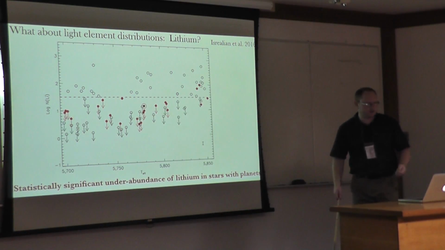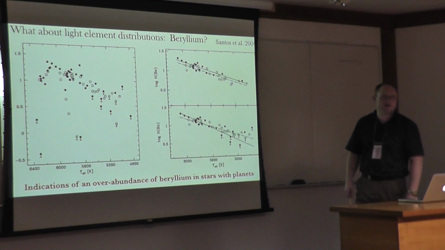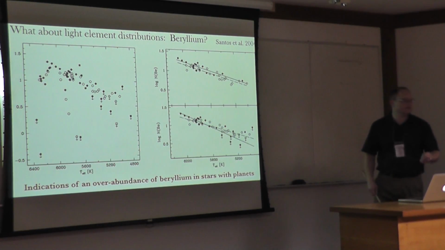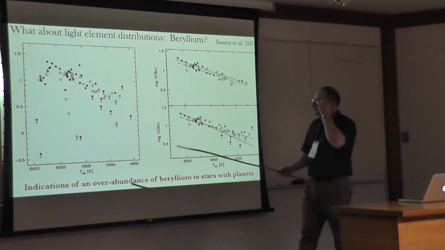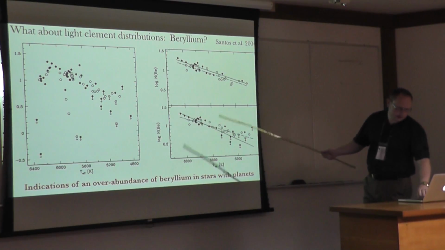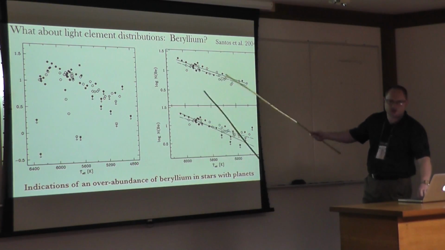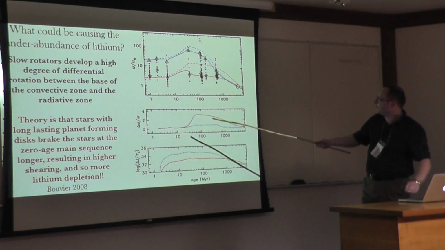Now, lithium, or light elements, are quickly destroyed in stellar atmospheres. So the question was why that was the case. There may be, and there may not be, beryllium. I just want to show this as work, we can skip by that.